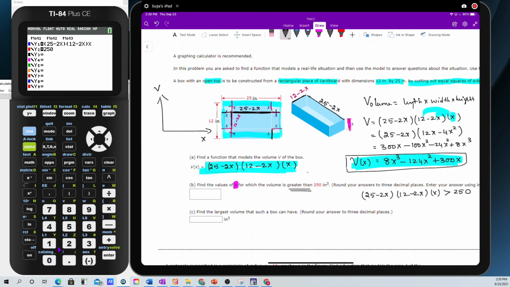Because it's a third-degree polynomial, I might end up with a graph. And I'm looking for the line 250. So I'm drawing the line y equals 250, right? And if there is a graph, I'm looking for the portion of the graph that is above this line. So this is the portion that I need. There are all these x values. So all these x values is what I'm looking for, that's above the line.